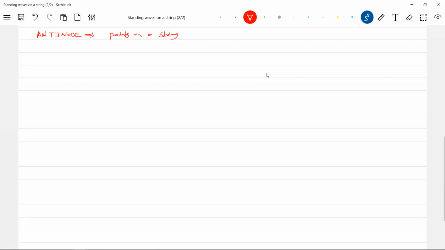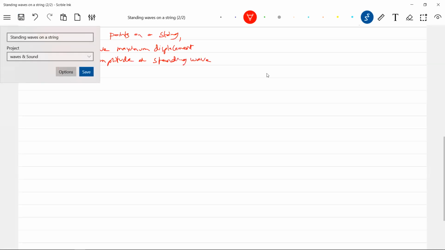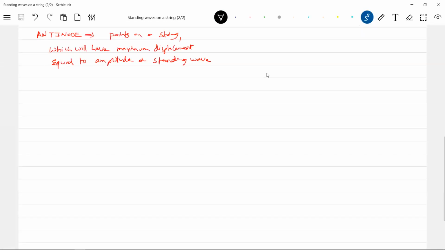Antinodes are points on a string which will have maximum displacement equal to the amplitude of the standing wave. So sine kx should be equal to plus or minus 1. That's all.